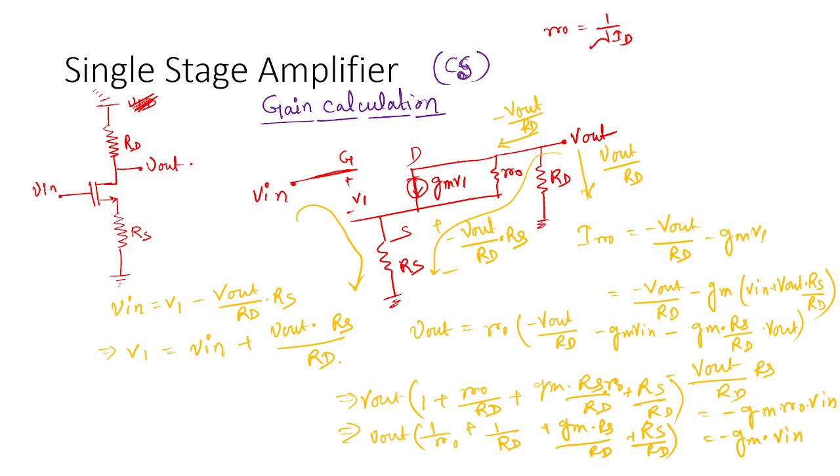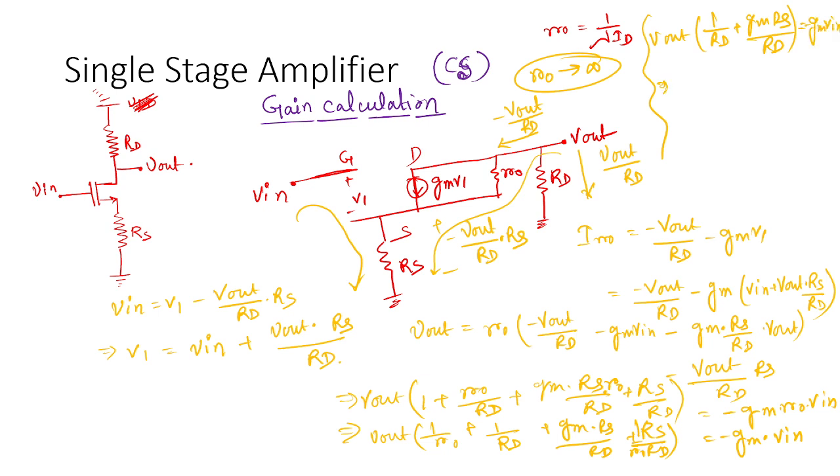Now I am doing the rest of the calculation here. Generally the value of r0 tends to infinity. So you can write Vout times 1 by RD plus gm RS by RD, because 1 by r0 will vanish. So this term will be cancelled out, so gm RS by RD equals minus gm Vin.